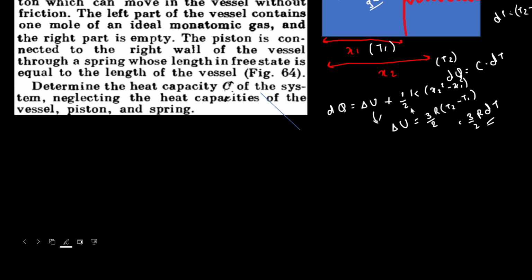Now we are more concerned with getting this expression, half k (x2 square minus x1 square), in terms of dT, so that eventually when you put dq as C dT, the term dT would be cancelling. Well, let's jot down this expression.